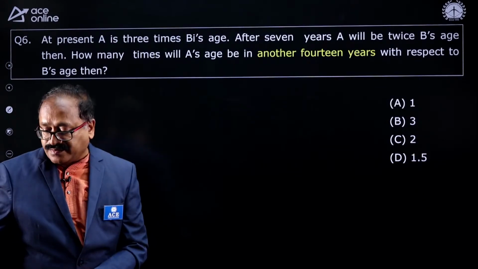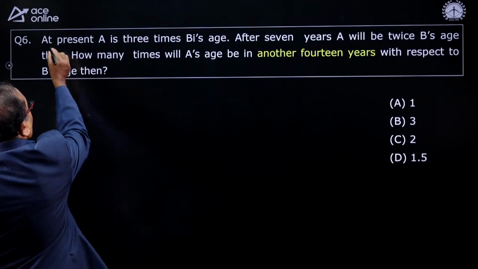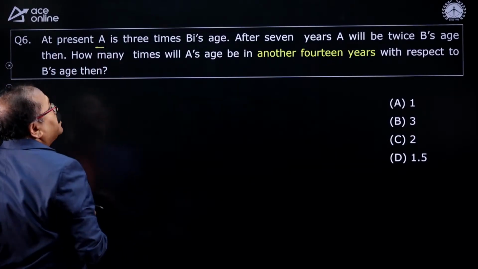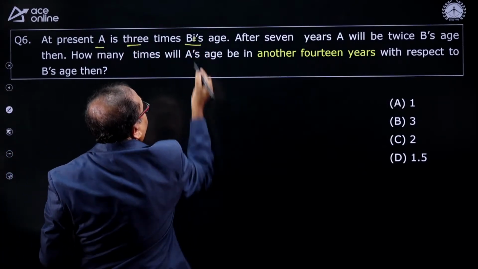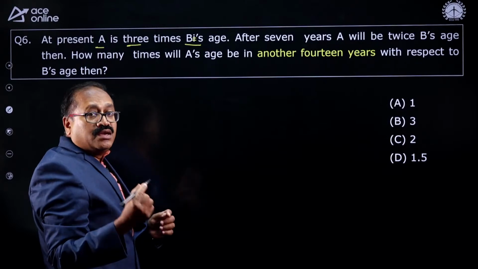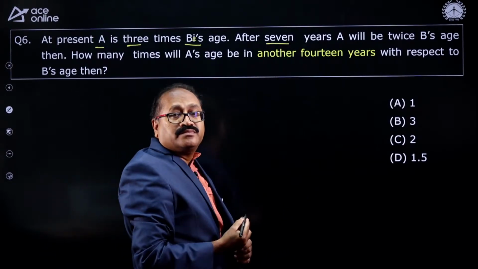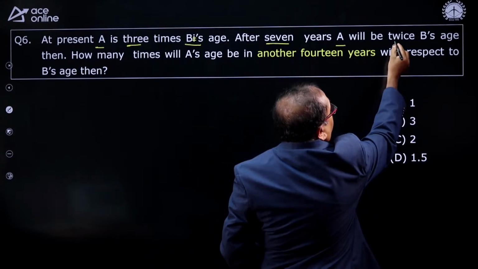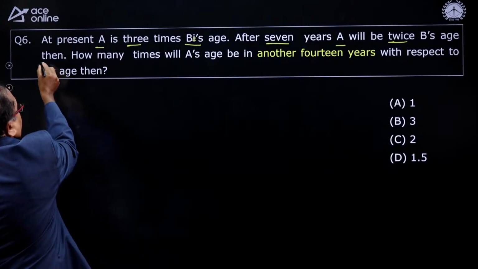Now Dhanlakshmi, this question is for you, madam. At present, A is 3 times B's age. After 7 years, A will be twice B's age.